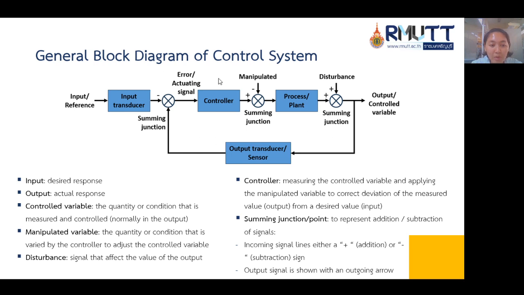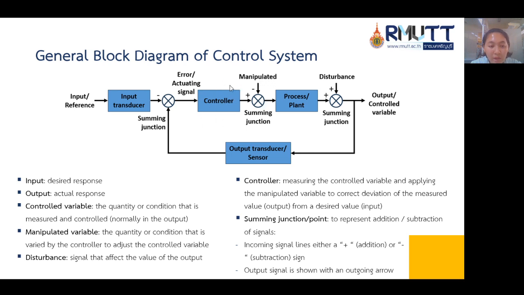This is the general block diagram of a control system. There is an input or reference value that flows to the input transducer and then flows to the comparator. This is the summing junction, from the output of the sensor and compared to the input, and then produces an error or actuating signal, then flows to the controller to minimize the error.